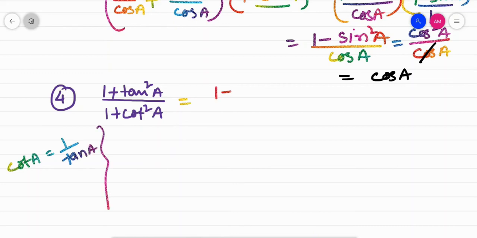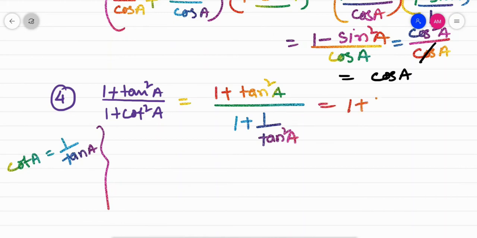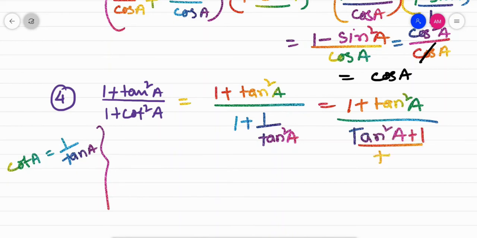So this will be 1 plus tan square A by 1 plus 1 by tan square A. So numerator, keep the numerator as it is, 1 plus tan square A. And now see the denominator. 1 plus 1 by tan square A, if you take out the LCM, it will become tan square A plus 1 by tan square A. Now see how you can do this.